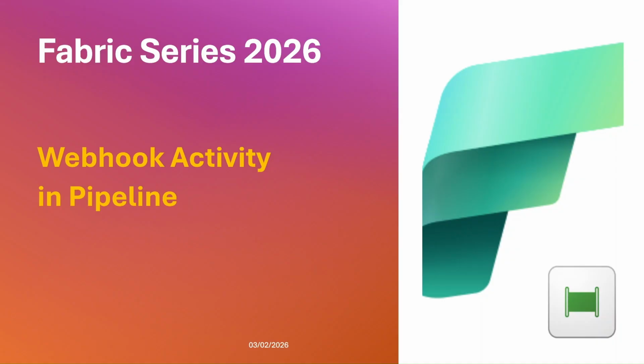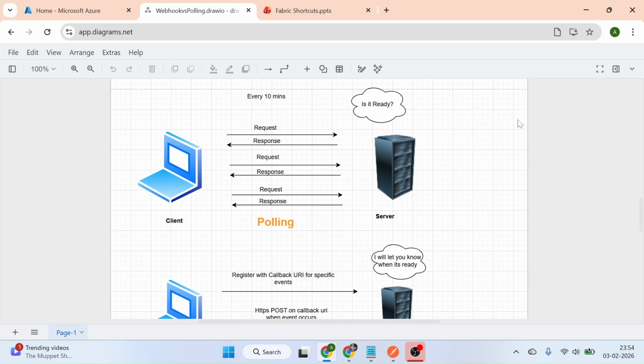Let's see the difference between the polling architecture and the webhook architecture. We are going to understand the difference in a client-server architecture, but remember, it's applicable in various other architectures as I previously mentioned. So there is a client and a server. In a polling architecture, the client, which can be a browser running on the client machine, will keep on polling with the help of APIs at a certain frequency.